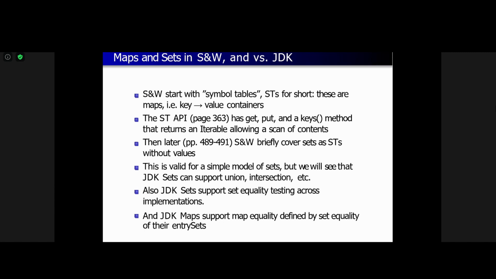And so even the maps glom onto this by saying, well, sure, since set equality is implemented, we'll give you map equality. So 2 maps are equal if their entry sets are equal. And that's really all there is about a map. A map is completely defined by its entry set, because the entry set has all the domain range pairings.